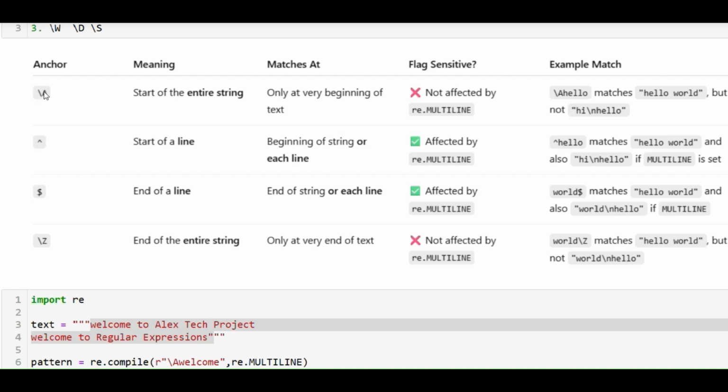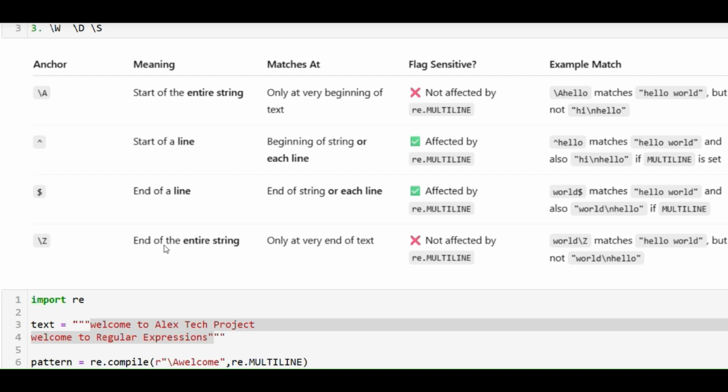If we see capital A, it matches the start of the beginning of any string, and the caret symbol matches the start of the line. If the text or string has multiple lines, then the caret symbol tries to identify at each line, but \A will see only the beginning. Similarly the dollar symbol sees the end of each line, and \Z sees the end of the entire string.